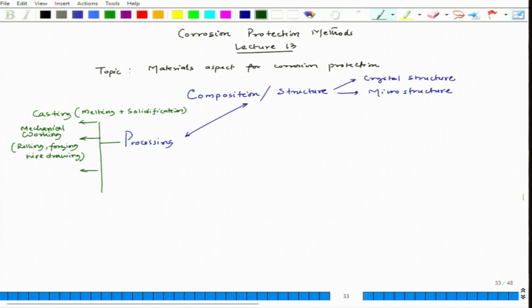Then we can take up another mechanical working which is not related to rolling, forging and wire drawing. Here we are actually doing material removal. In those working cases, we do not do material removal, rather we keep the volume constant and we generally change the shape. But in the case of mechanical working by removal of material, we call it machining.